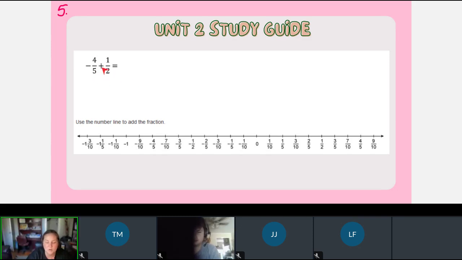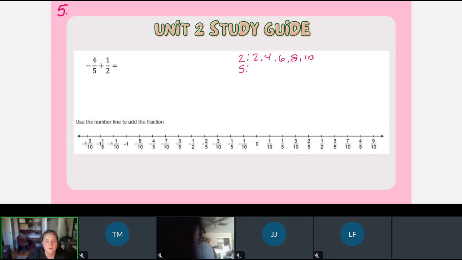And you can't add or subtract fractions unless they have the same denominator. So what we need to do is find the LCM of both of our denominators. So let's do that over here. We have 2 as a denominator and 5 as a denominator. The multiples of 2, or skip counting by 2, is 2, 4, 6, 8, 10, and I'll stop there.